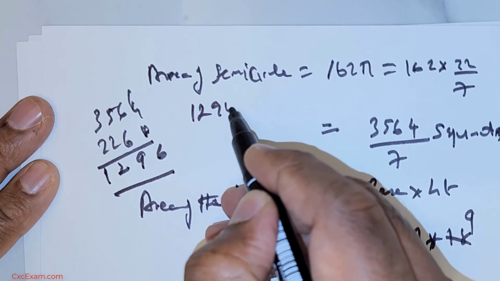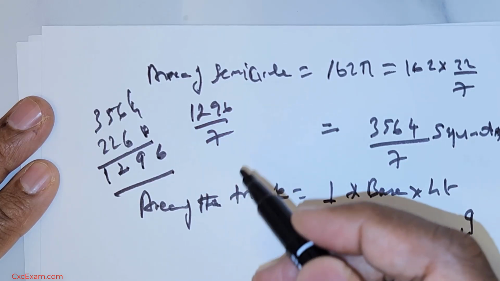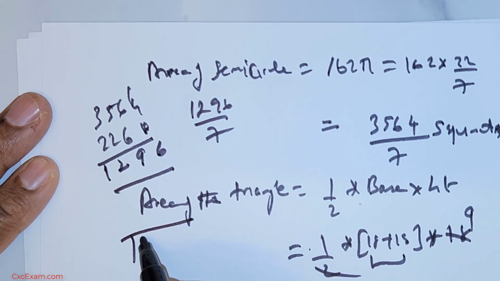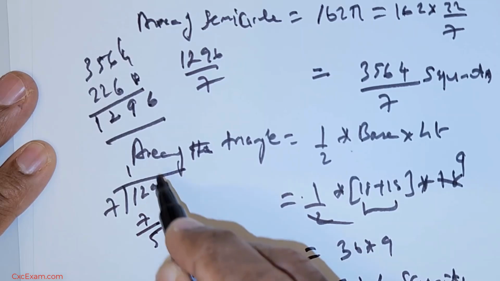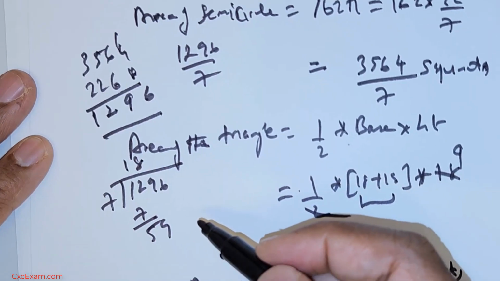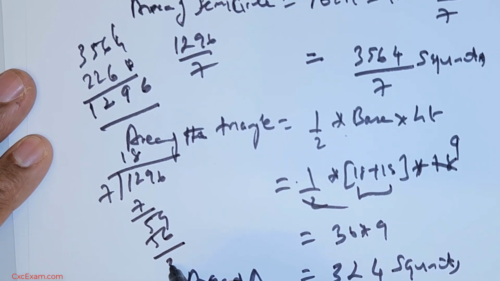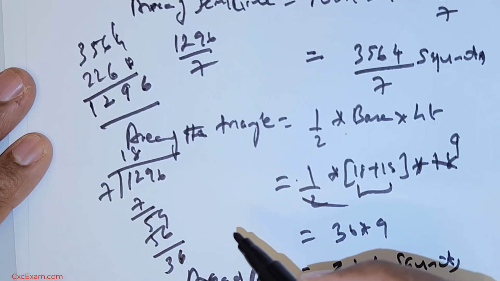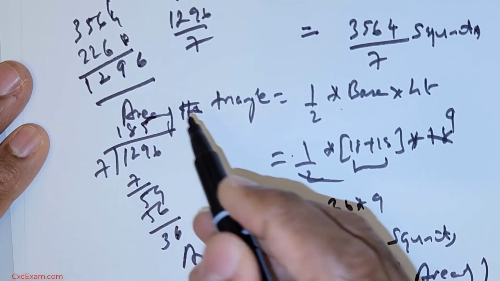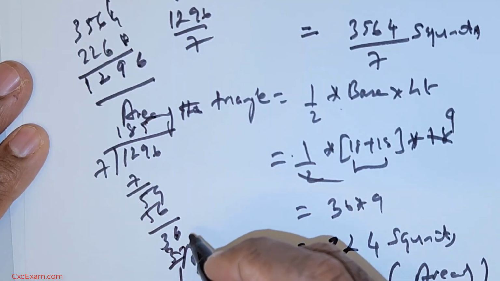So this has to be divided by 7. So you can divide that. Let's see what we get. 1296 divided by 7. 7 1s are 7, you get a 5. 7 8s are 56 and 3 and 6. 7 5s are 35, you get a 1.